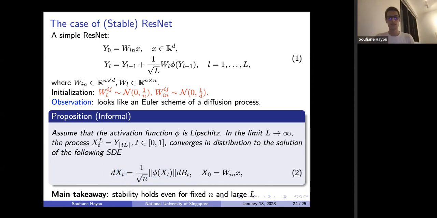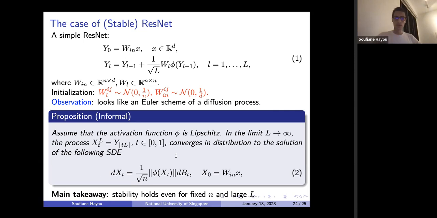Here you can think of t going from 0 to 1 as going through all the layers. If you take t to be 0, that will be Y_0, the first layer. If you take t to be 1, that will be the last layer. So taking different values of t means different layers in this infinite depth limit.